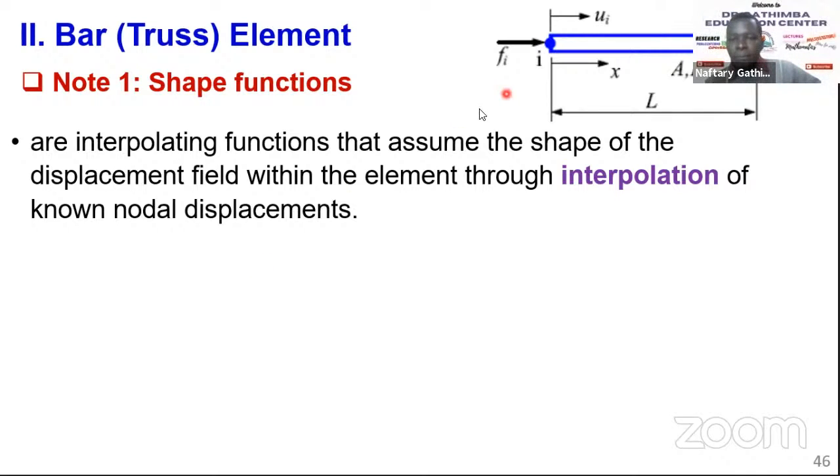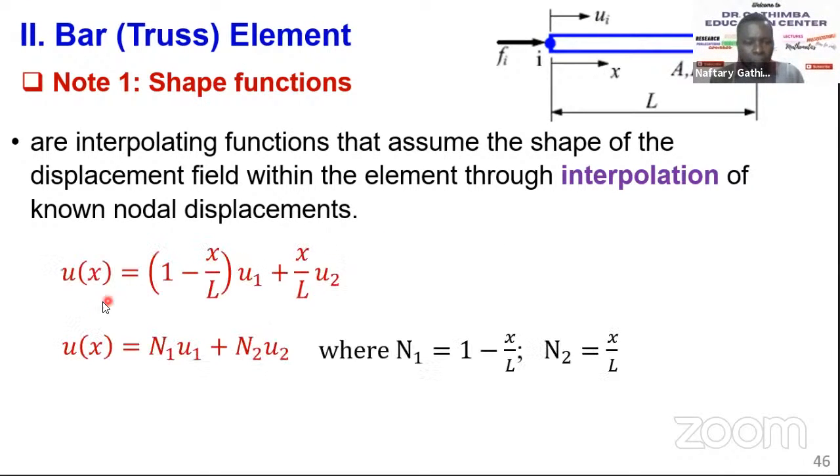Remember we said the only values that are known are at the nodes, right? And the displacement function that we used was to help us interpolate, or to get the deformation at any other point in the middle, within the nodes, right? So if you look at the equation we had, u(x), this is now our displacement function that we defined, is (1 minus x over L) u1, plus (x over L) u2.